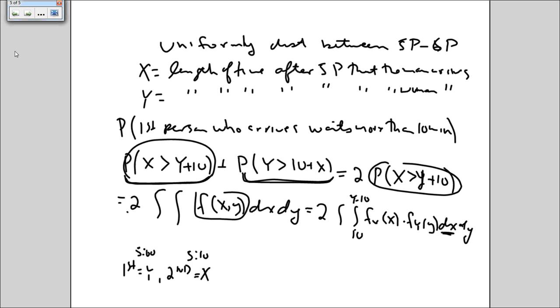It goes from, x can go from 10 all the way to y minus 10. Now, what does y go from?